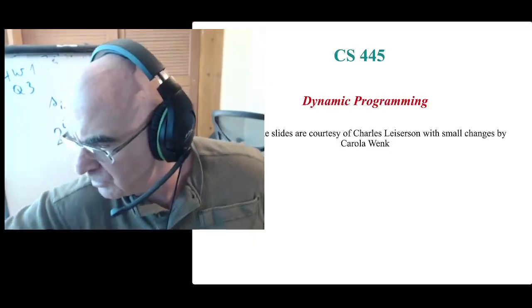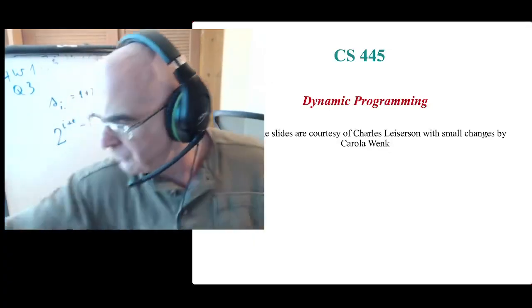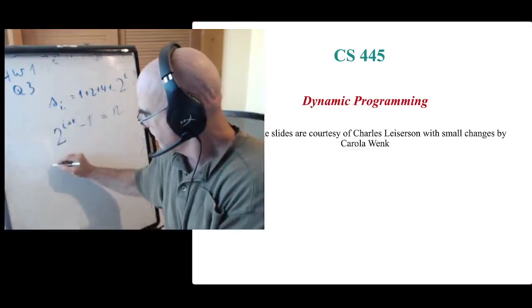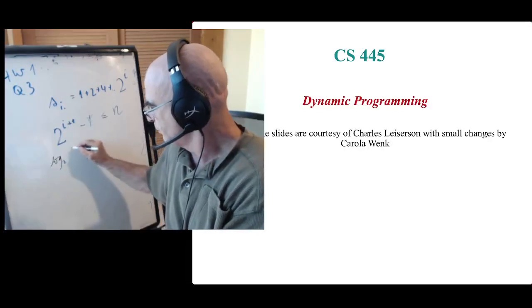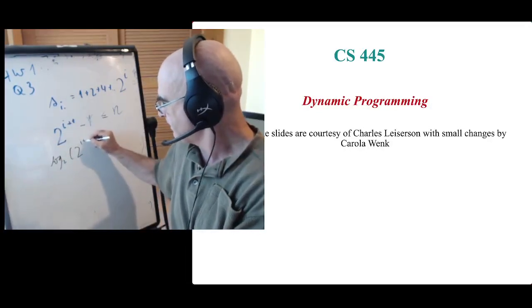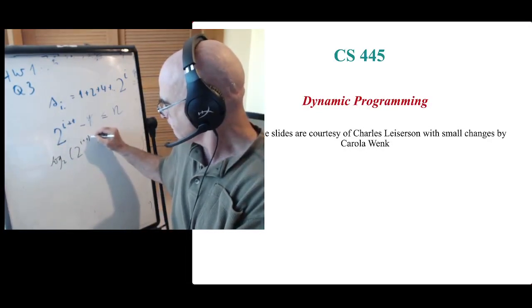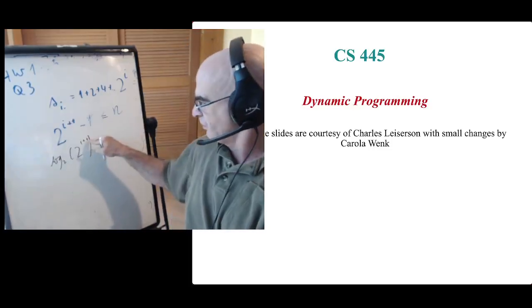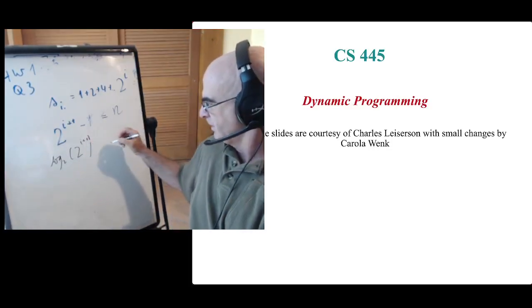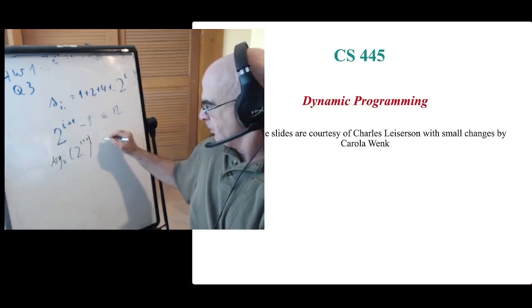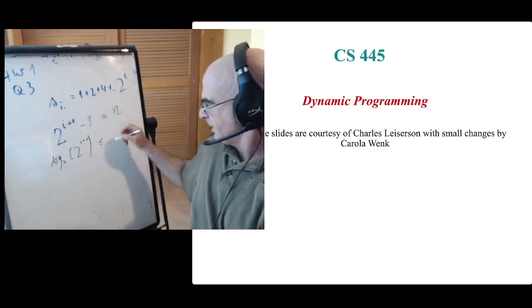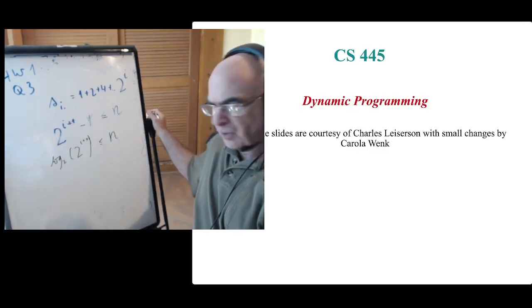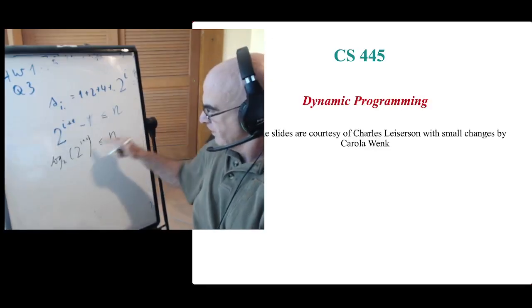By taking log 2 from both sides, I will next argue that log 2 of 2 to the i plus 1, that's why we'll keep running as long as this number is smaller or equal than n.